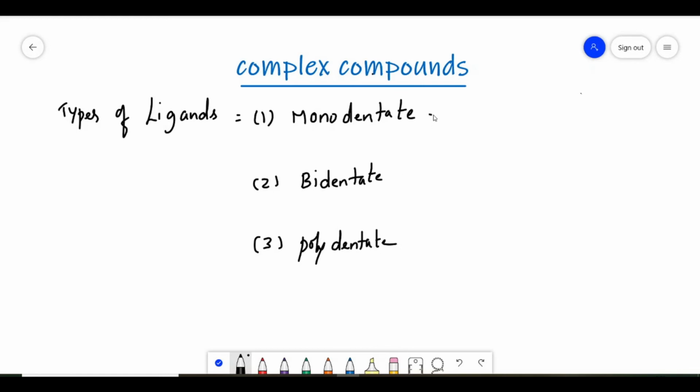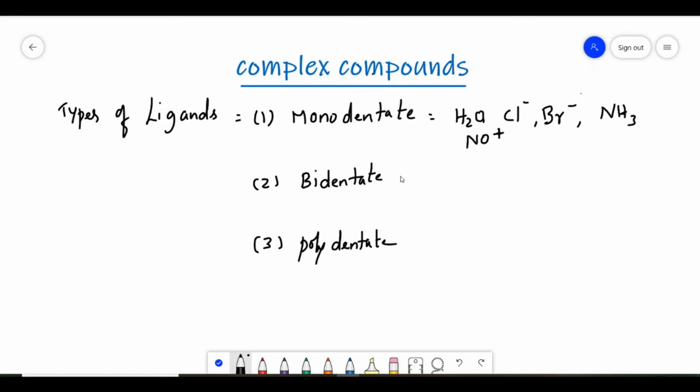Monodentate means it can attack from one side, one bonding site. There will be only one bonding site for the monodentate. Examples: they can be neutral like H2O, which is a monodentate ligand, or Cl-, or a bromide ion Br-, or NH3. All these come under monodentate, or it can be NO+, etc.